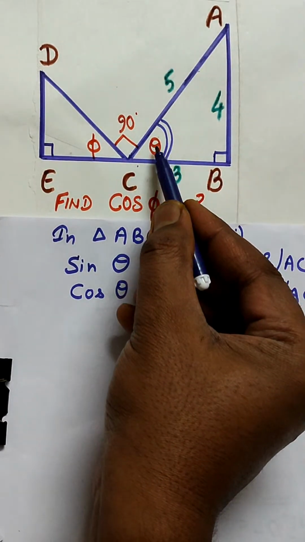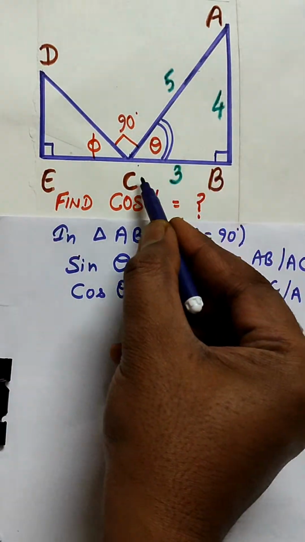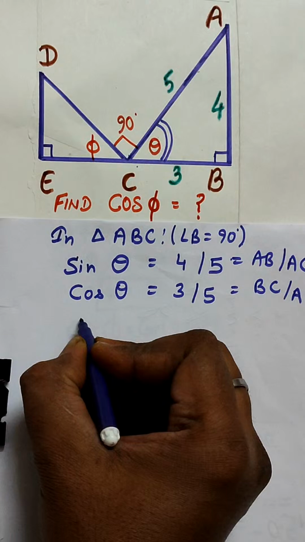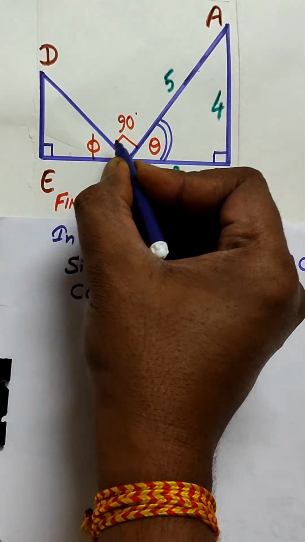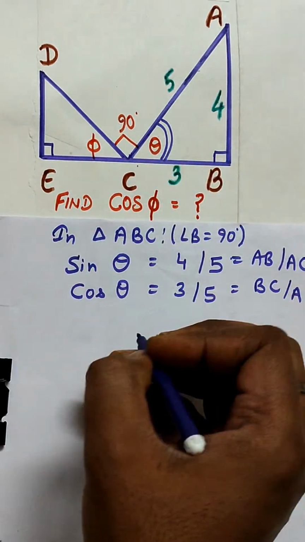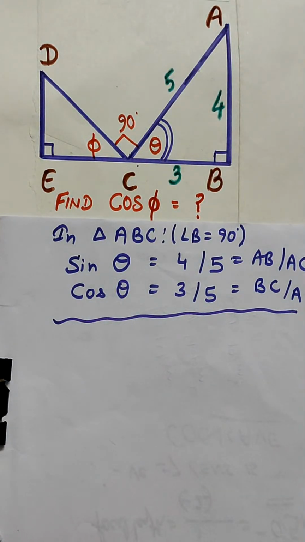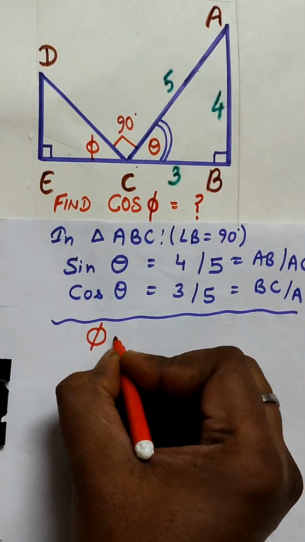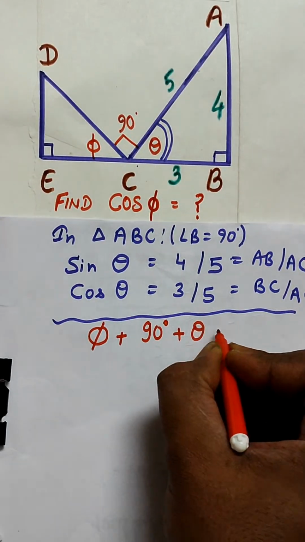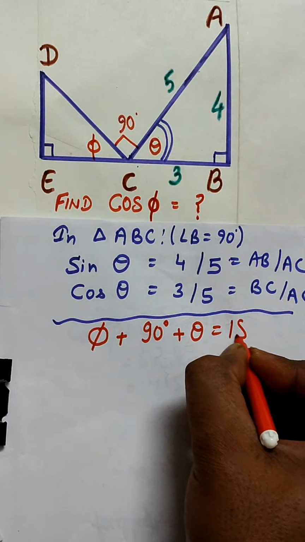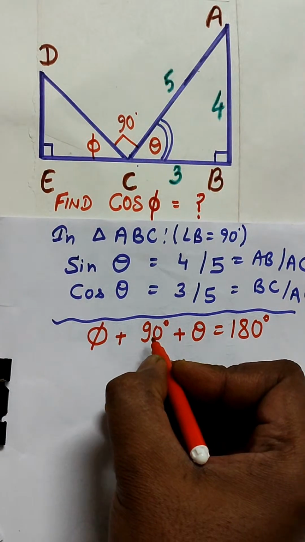Now to calculate the value of cos phi, just observe the line BCE. A linear pair of angles is formed. So angle phi plus 90 degrees plus theta will form a linear pair, that is 180 degrees.